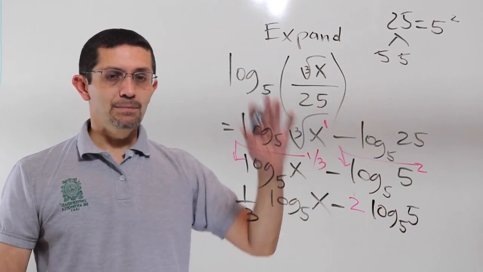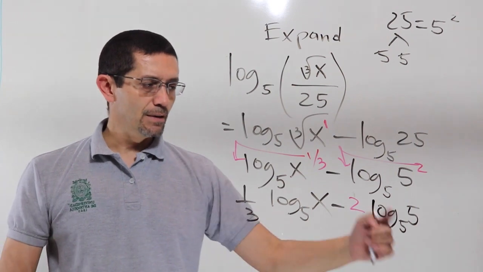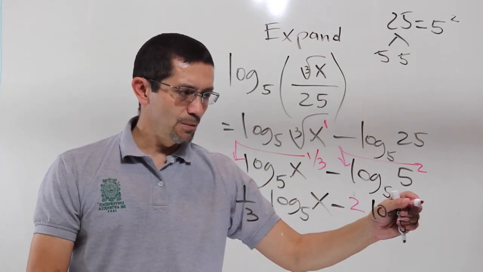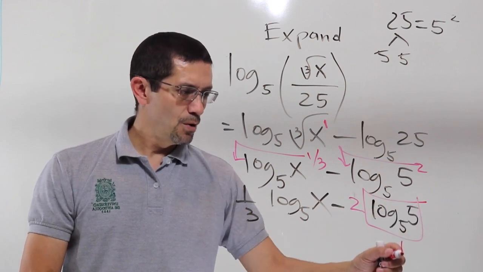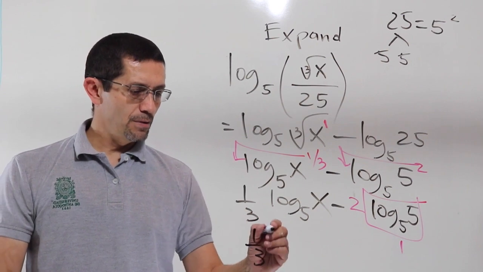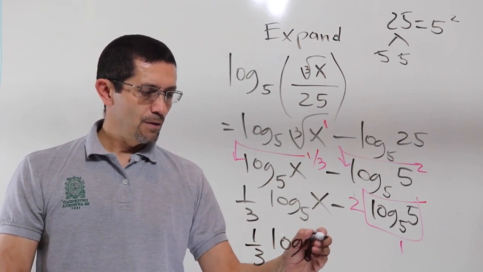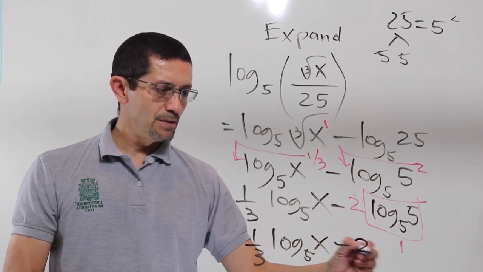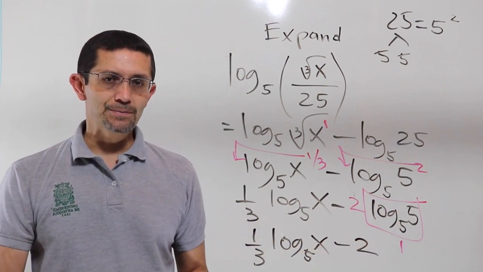Supposedly I'm done expanding, but then you have to see how much is log base 5 of 5. Okay, so I can solve this because log base 5 of 5 is equal to 1. Therefore, my final answer is 1/3 log base 5 of x minus, if this turns into 1, 2 times 1 is 2. And this will be my final answer.